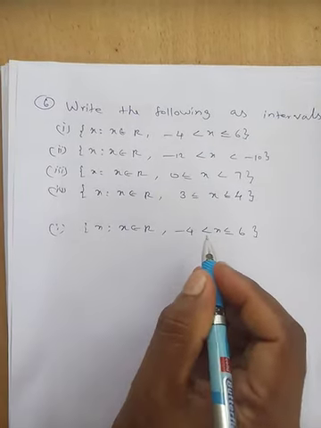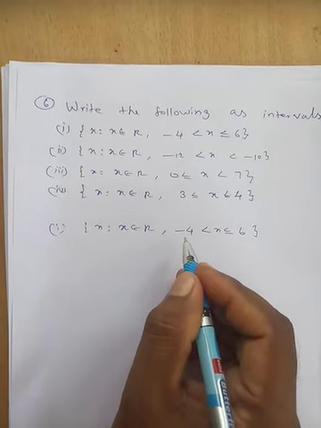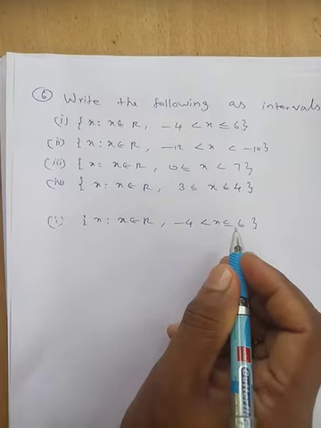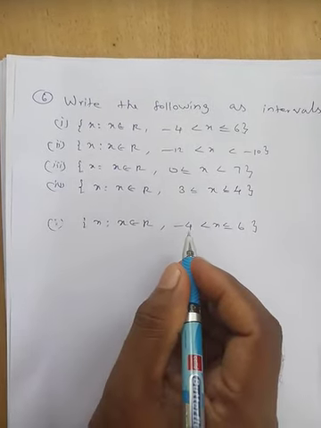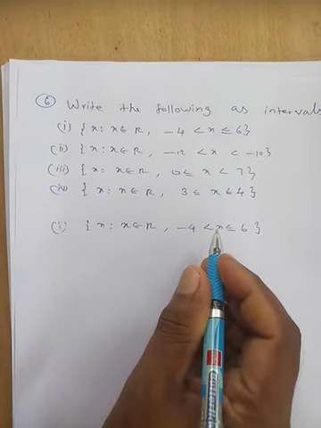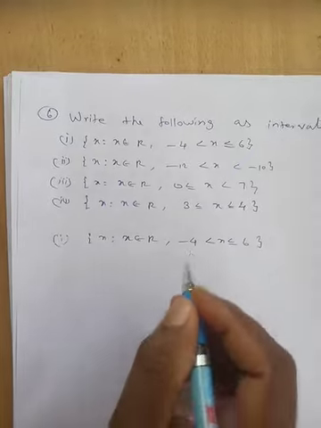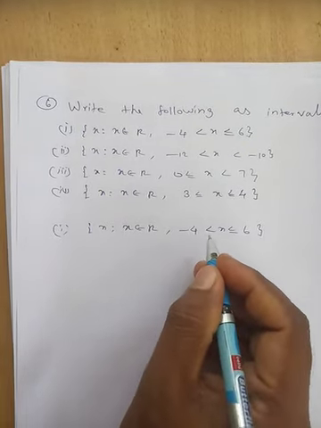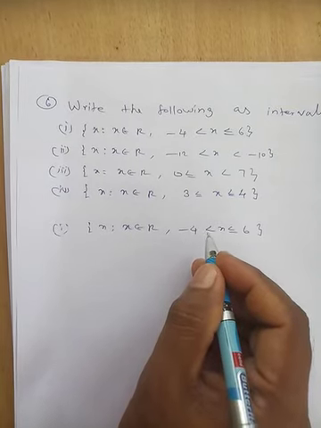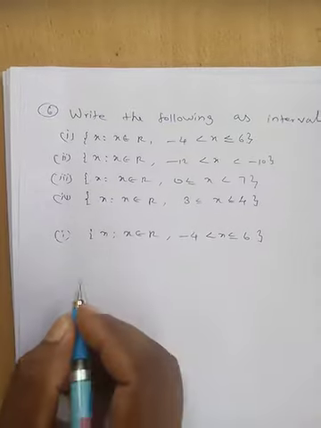So here x is all real values lying between minus 4 and 6, and 6 is also included. Minus 4 is strictly less than x, and x is less than or equal to 6. So this interval includes 6 and excludes minus 4.